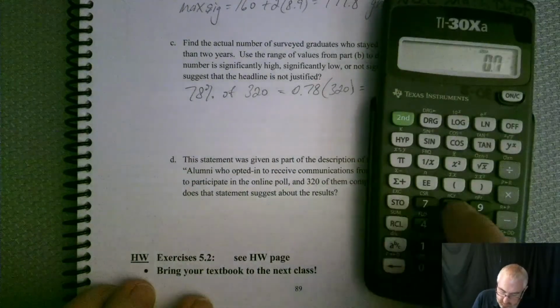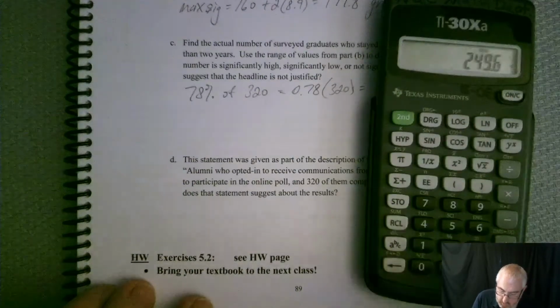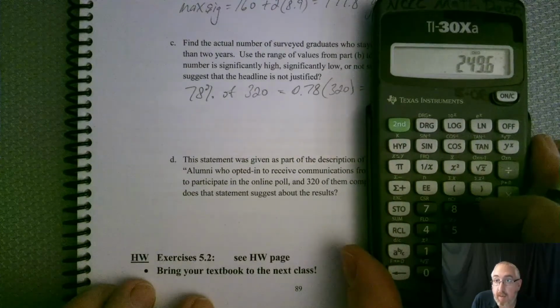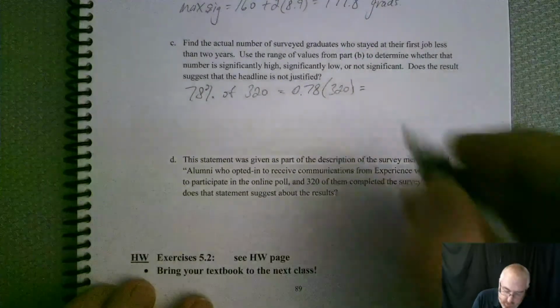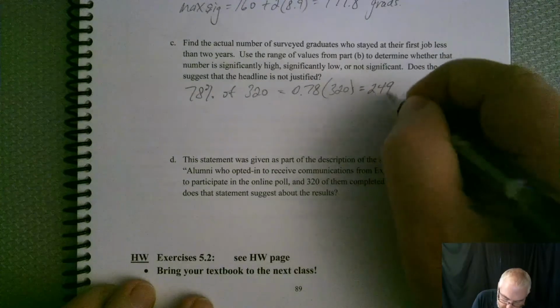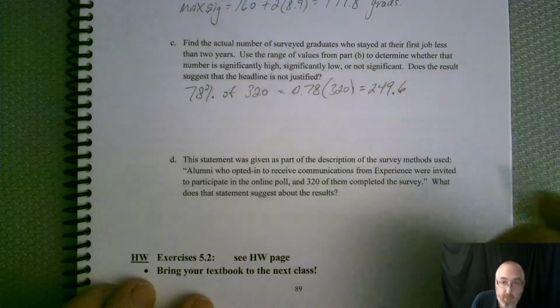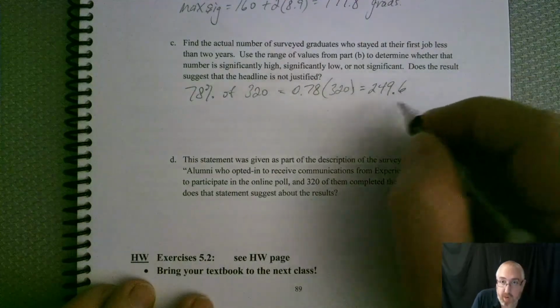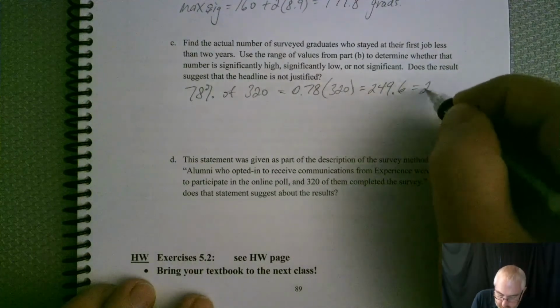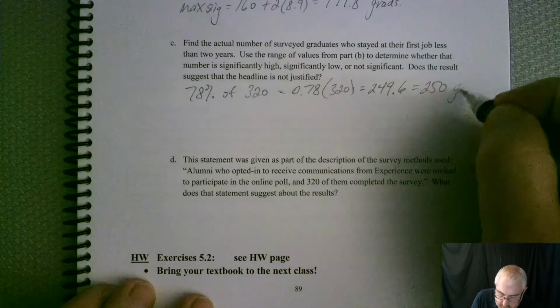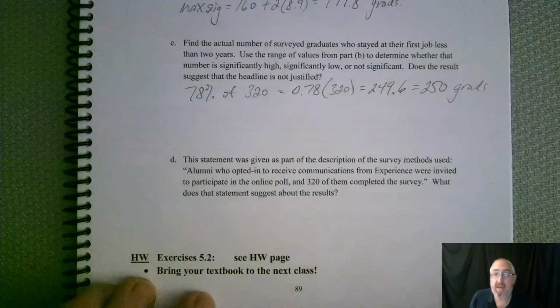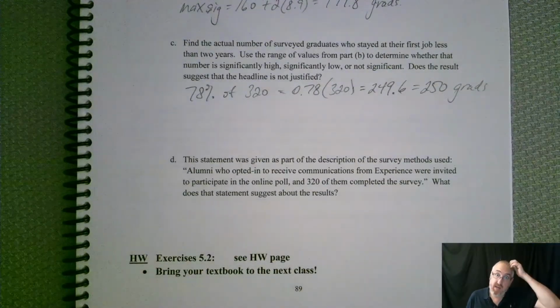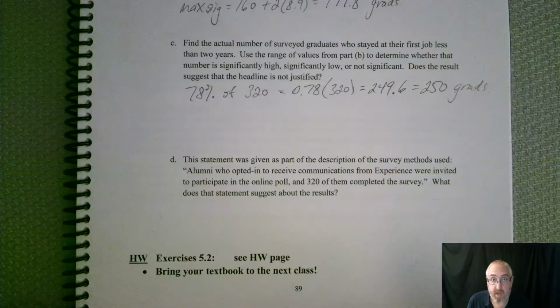So 0.78 times 320 equals 249.6. Now we're talking about people here, so we probably would want to round this properly. So let's round this up to 250 grads. So that's the number of graduates who said that they stayed at their job less than 2 years.